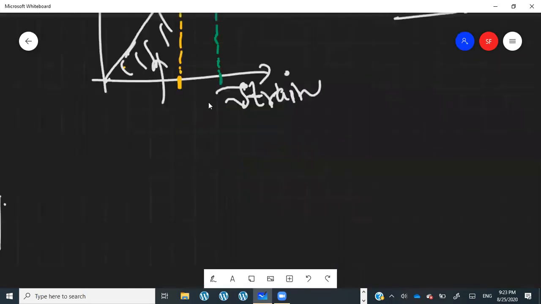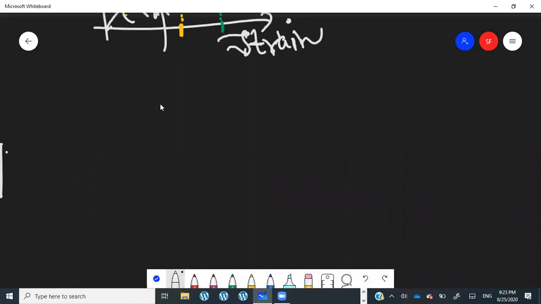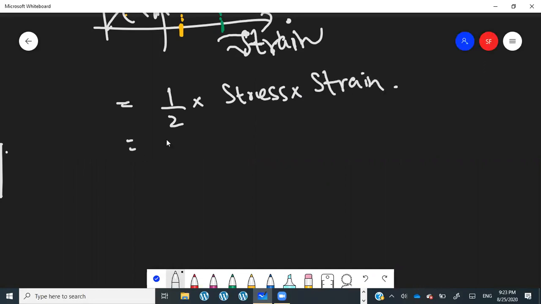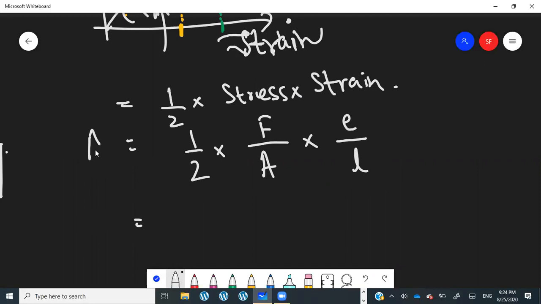Okay, wait, let's move on. Area under graph is going to be half multiplied by stress multiplied by strain. Instead of the stress, you could write force upon area. Instead of the strain, you can write extension upon length. And this is half, right? Which is equal to the area under the graph.